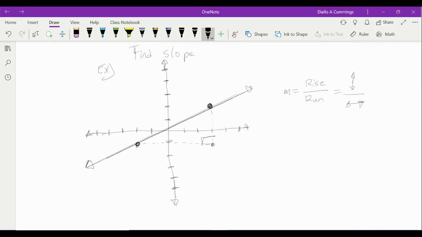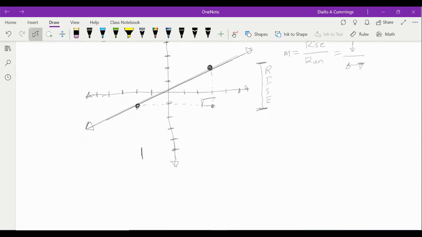And I'm going to physically calculate the rise and the run. So my rise would actually be the distance between these 2 points. That's the rise. And I can count the distance between these 2 points as our run.